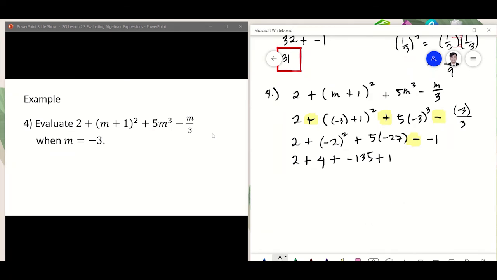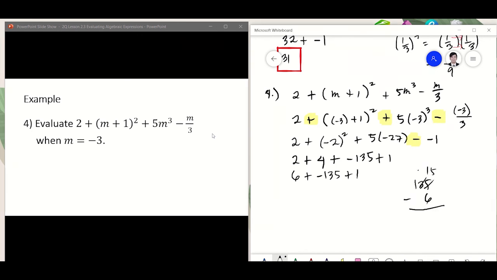Then you start from left going to the right because the operation left is just addition. So 2 plus 4 is 6. Okay, 6 plus negative 135. They have different signs. This is positive, this is negative. So in other words, you need to subtract 6 from 135.